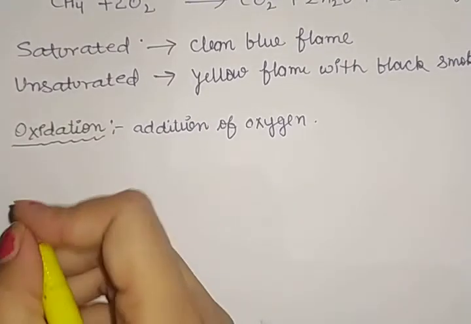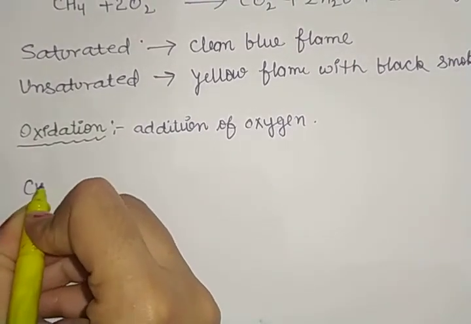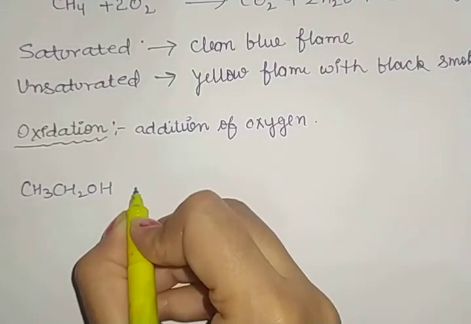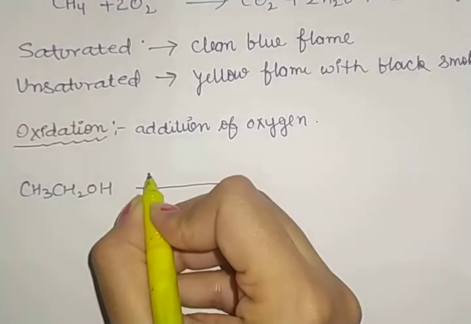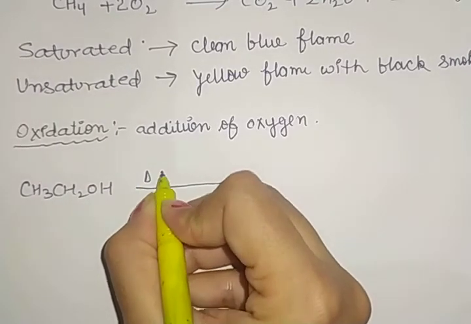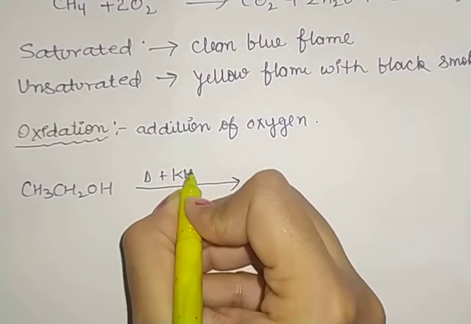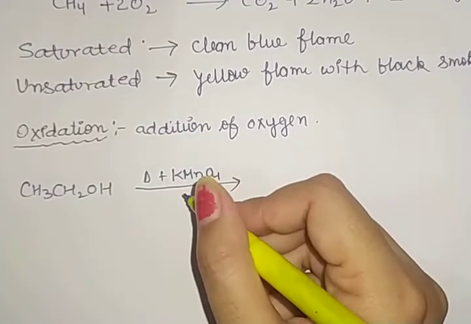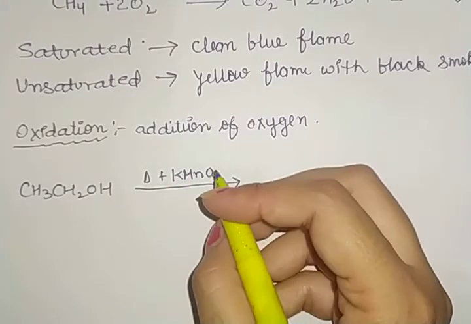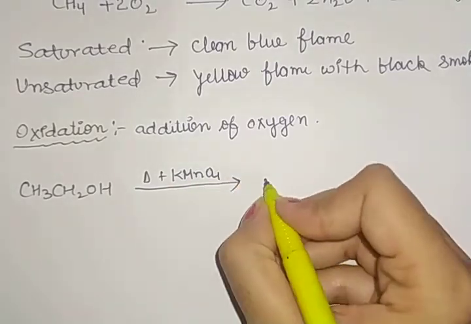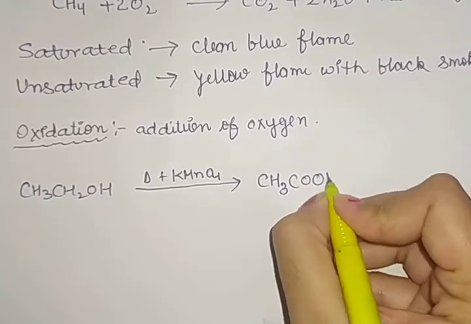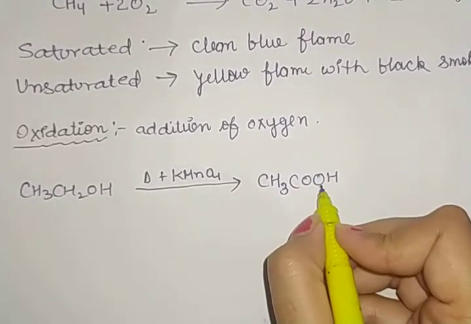If I take one example, CH3CH2OH, which is ethanol, and heat it in the presence of KMnO4, or acidified dichromate, it forms CH3COOH, as oxidation occurs.